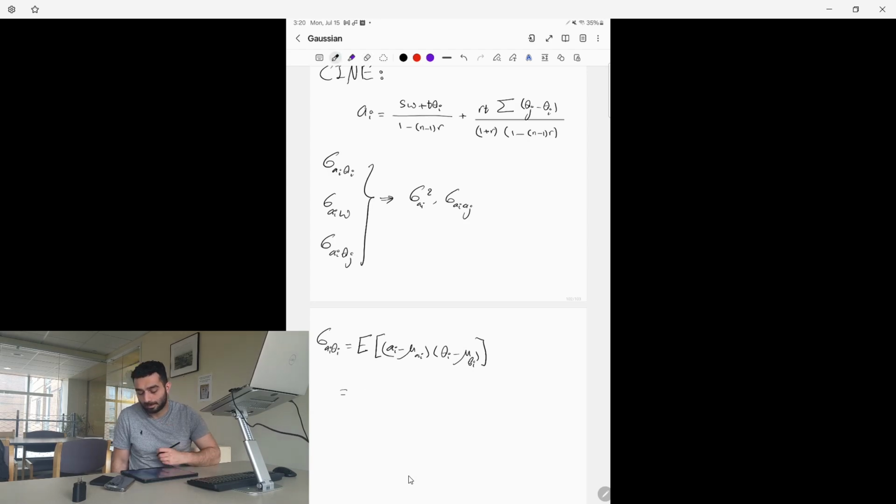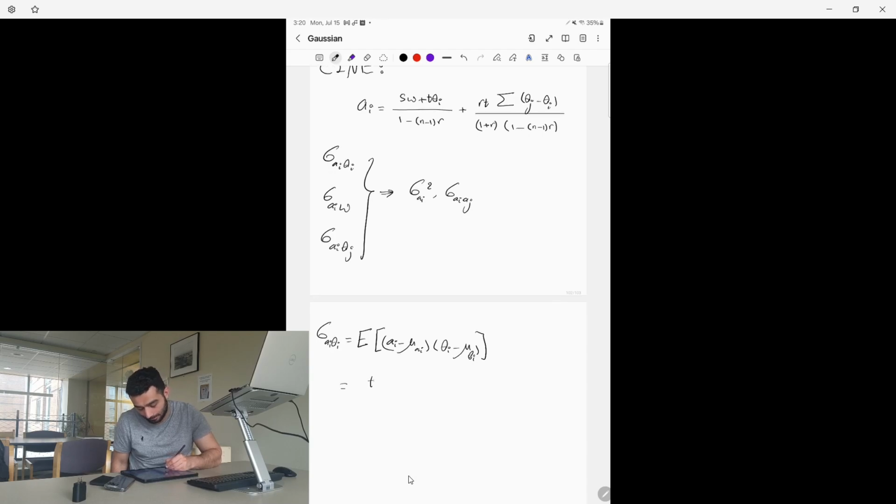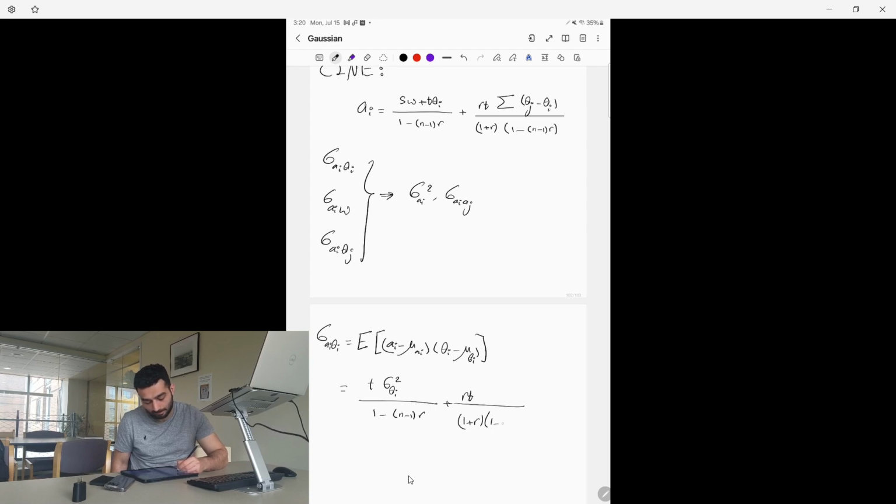Theta j and theta I are not independent, which causes us t sigma theta I squared over 1 minus n minus 1 r, plus r t 1 plus r over 1 minus n minus 1 r sigma theta j theta I are 0.